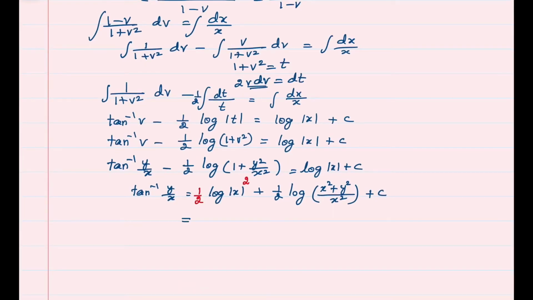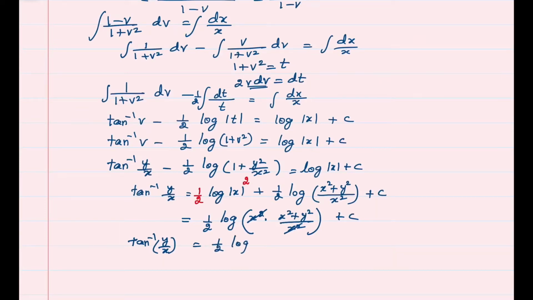Combining these two log terms, we get half log of x square times (x square plus y square) divided by x square plus c. Therefore, the answer is tan inverse of y divided by x equal to half log of (x square plus y square) plus c.